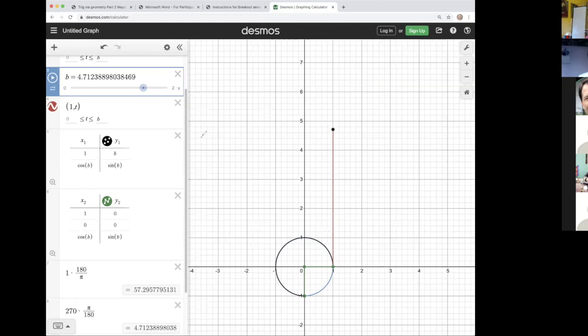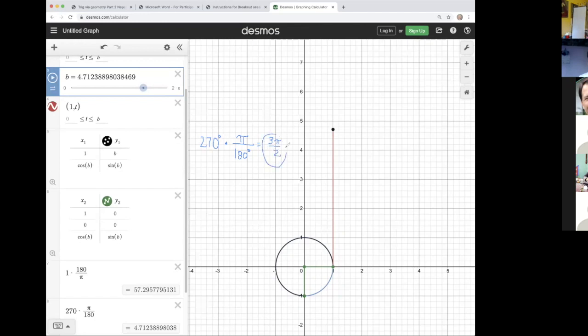So maybe I can get my pen to work for me. 270 degrees times pi over 180 degrees. The degrees would drop out, wouldn't they? And I could write this as 3 times pi divided by 2.